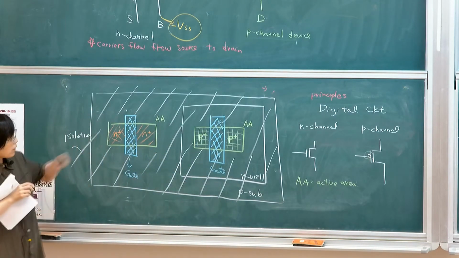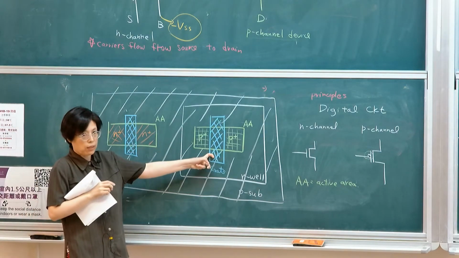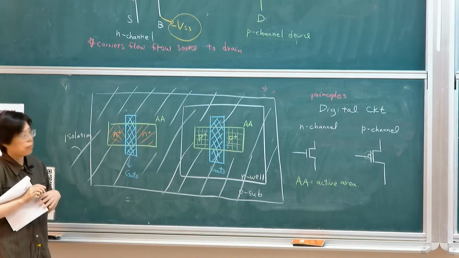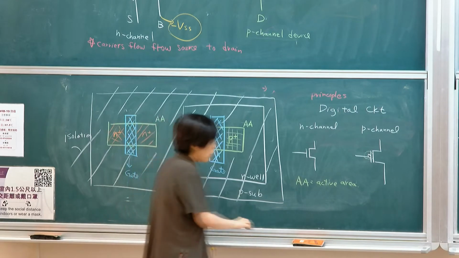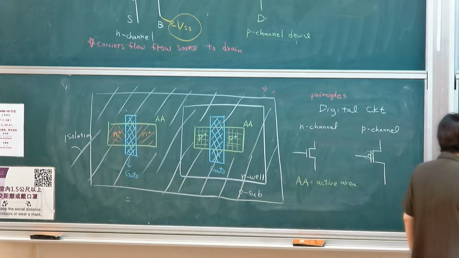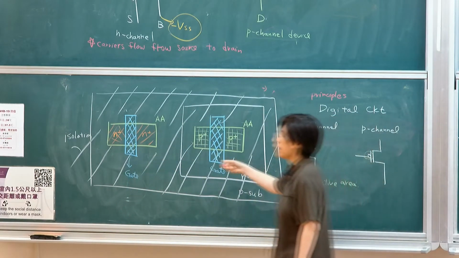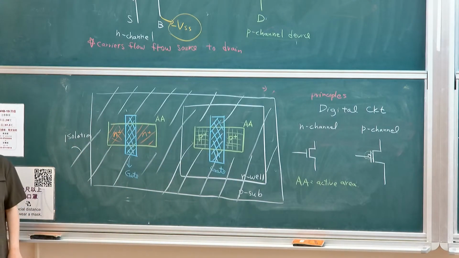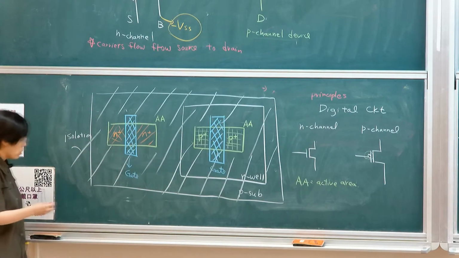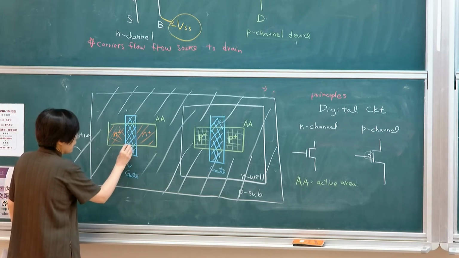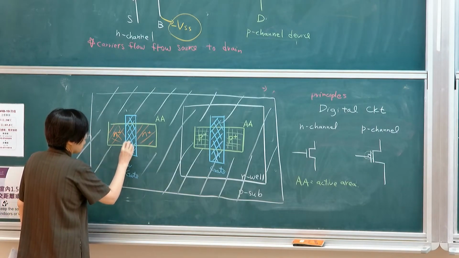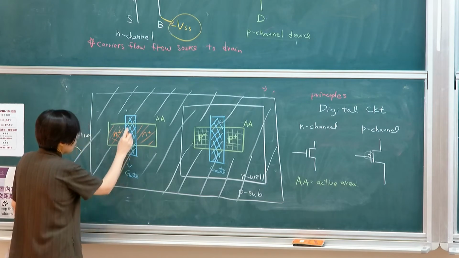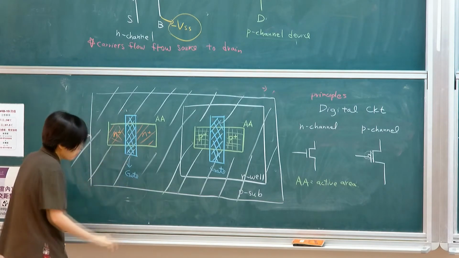So there will be an N-channel device and a P-channel device. This is how it's being made. In this type of structure, we're going to use two key parameters. If you're looking at this device, there are two dimensions which are critical to the transistor. One is the distance between the N plus.